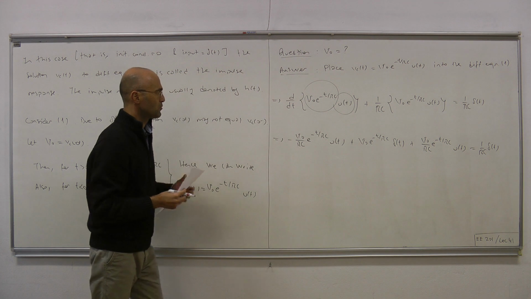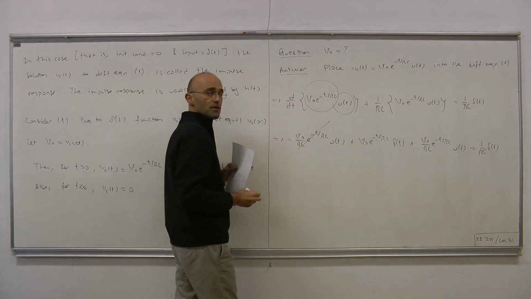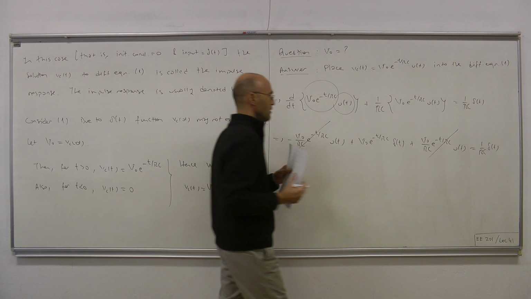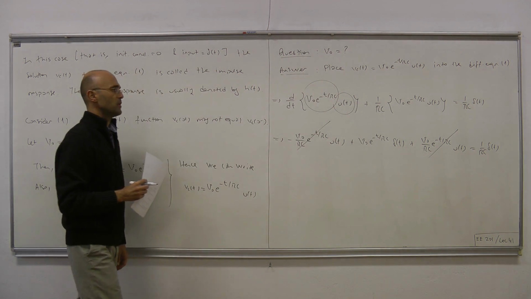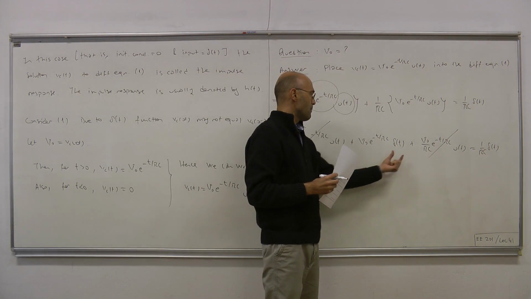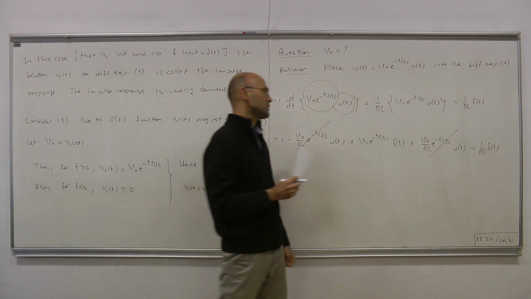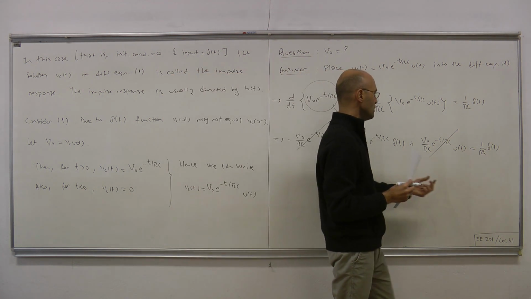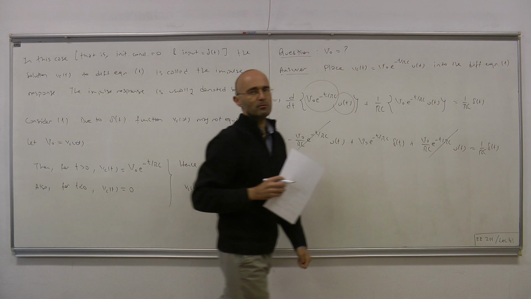Okay, first observe that this cancels with this. So what remains is some function multiplying impulse equals some constant multiplying impulse.